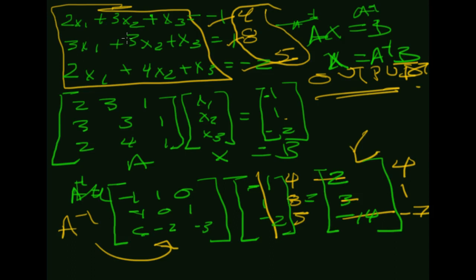So if I can find the inverse of the world and multiply that by my outputs, it will return my inputs. Aha! This is a pretty useful idea if you're solving real world problems where the world stays fixed and the desired outputs are changing and the inputs need to be dealt with.